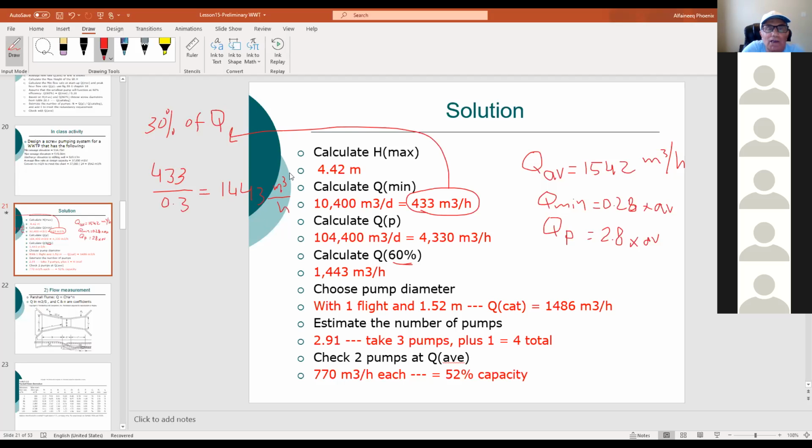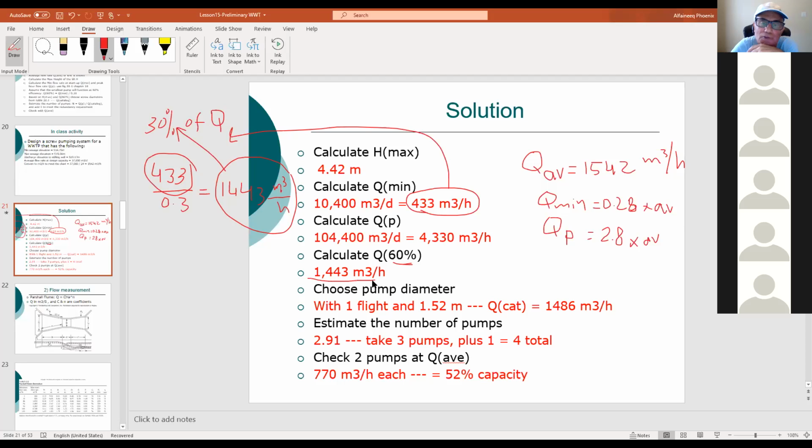If you choose a screw pump that gives you this flow rate, and it would run at 60% efficiency, which means it's gonna provide you with only 30%, it's gonna give you your Q minimum. In other words, to get your Q minimum, you need a pump that is much larger than Q minimum. Why? Because it's gonna give you only 30% of it. Make sense? Yes. All right. So that's your Q.